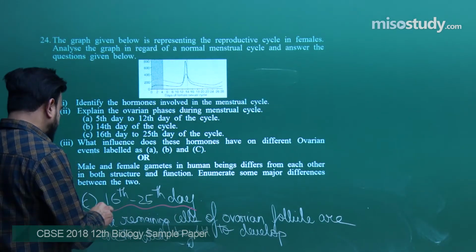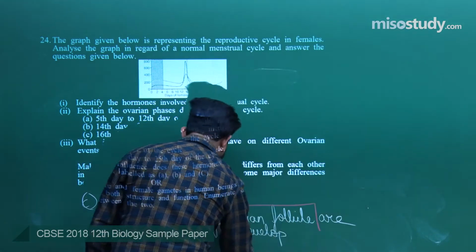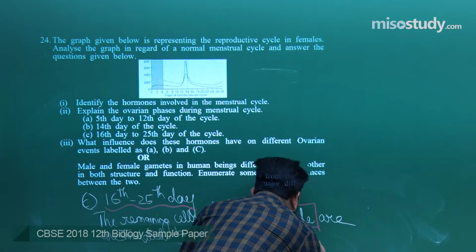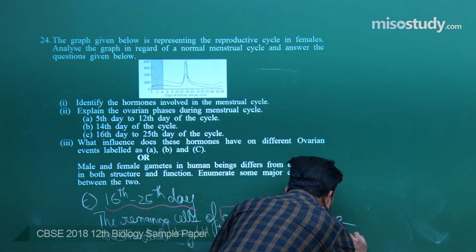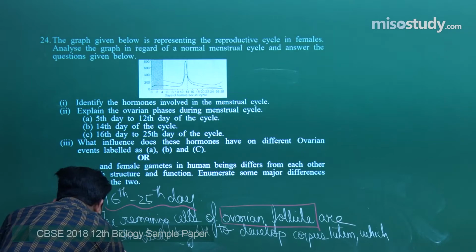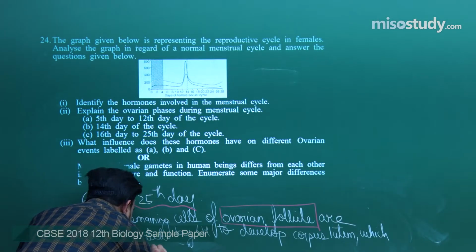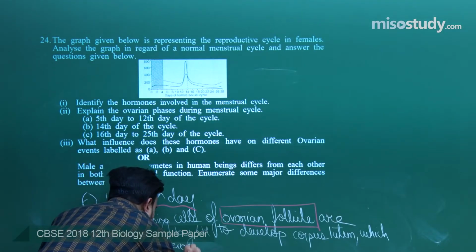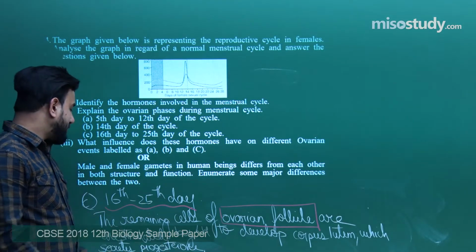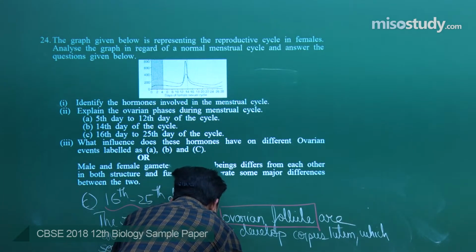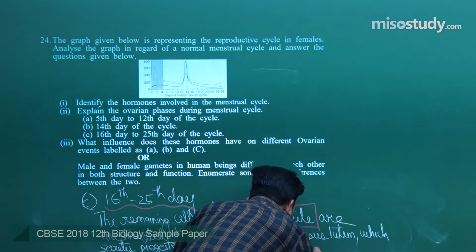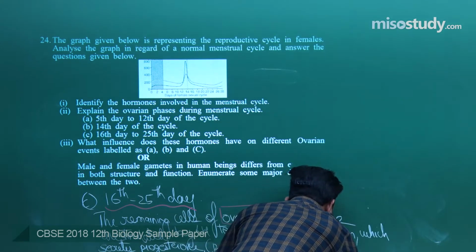Okay, the remaining cells of ovarian follicle are stimulated by LH to develop corpus luteum, which secretes progesterone, and it is this progesterone which maintains the endometrium layer.